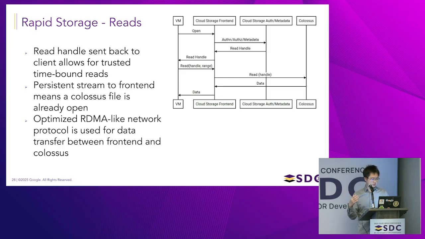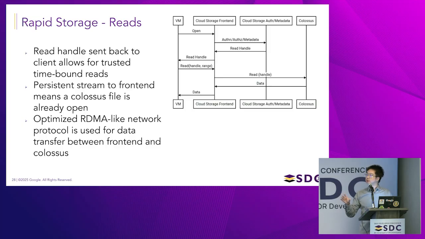This means that the stream to the front end is already open, and then under the hood we have an RDMA-like protocol between our API, the Cloud Storage front ends, and then Colossus underneath. So this reduces the overhead in terms of reading individual blocks from our underlying storage systems.